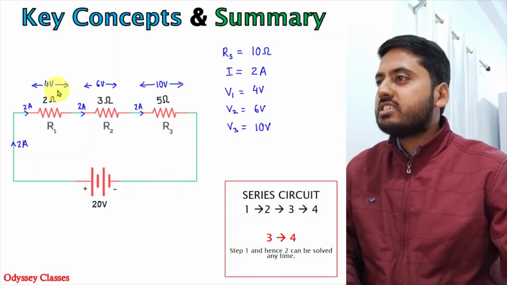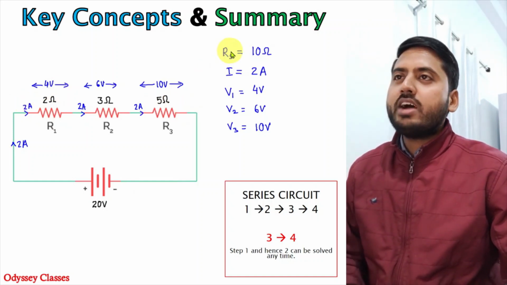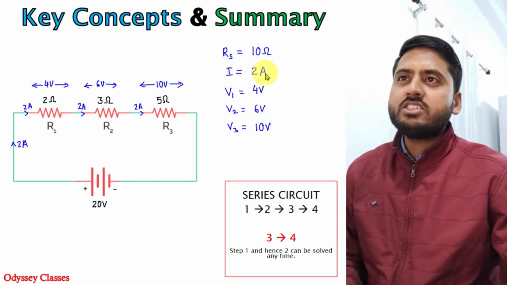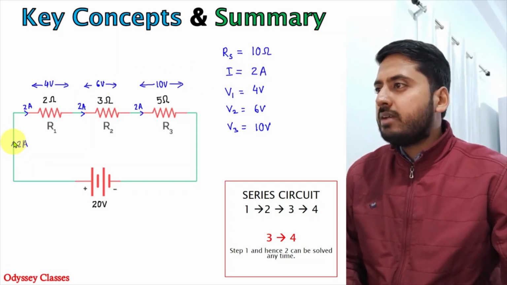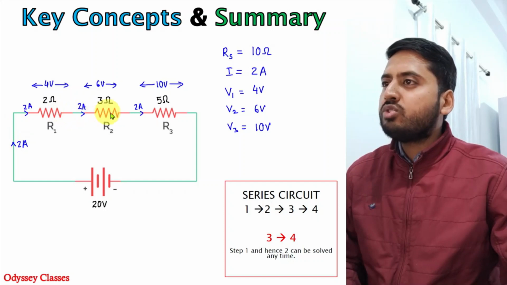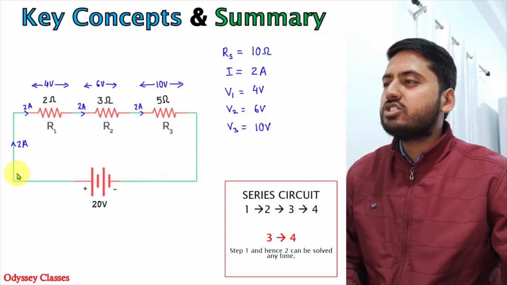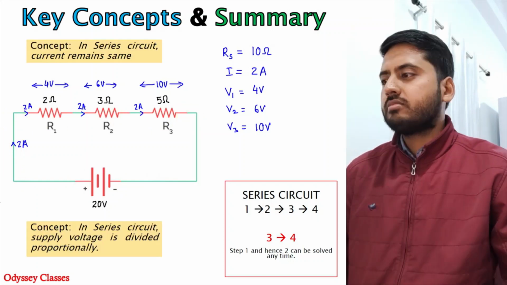So for this given series circuit, we have calculated total resistance as 10 ohm, total current as 2 ampere, and this same 2 ampere current is going to flow through the entire circuit. Okay, the value of current is not going to change.